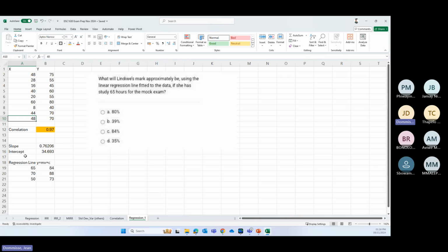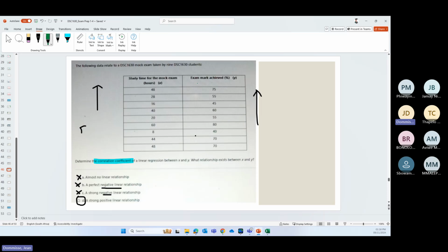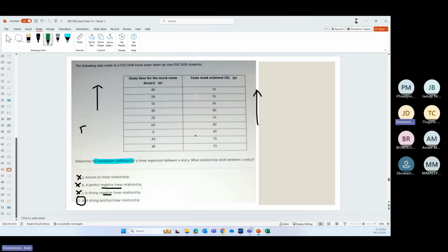Again, very important: if you now had both questions, and you did this and got your correlation coefficient, as we said, of 0.97, you got that answer.